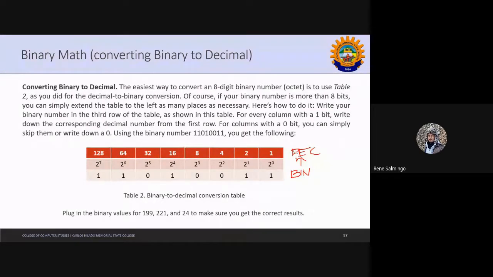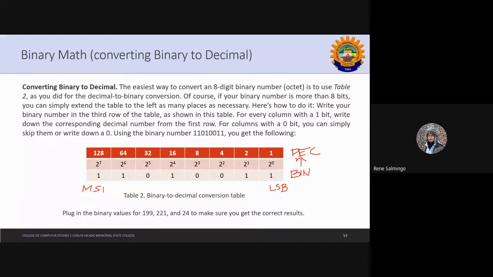So write your binary number. Example, this one. This is our binary number. If we write the binary number, how do we write? If you are a beginner on conversion, you need to write this is your least significant bit, LSB, and this is your most significant bit, MSB.